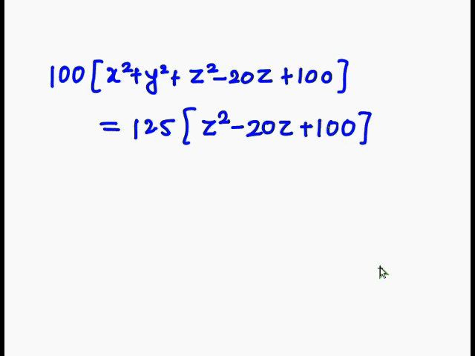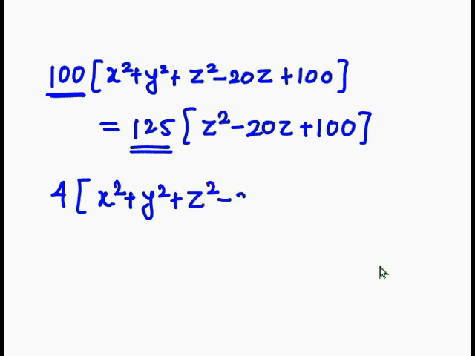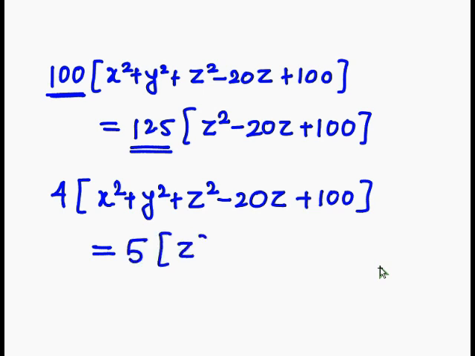Now we simplify this. If you observe here, we have the 100 and here we have the 125. We divide both sides by 25, we get 4x² + y² + z² − 20z + 100 is equal to 5z² − 20z + 100.